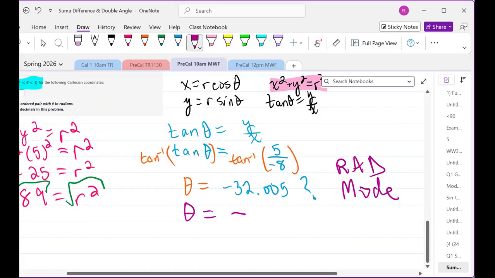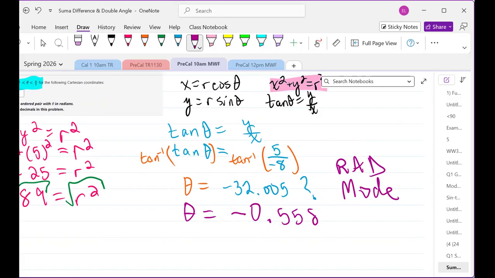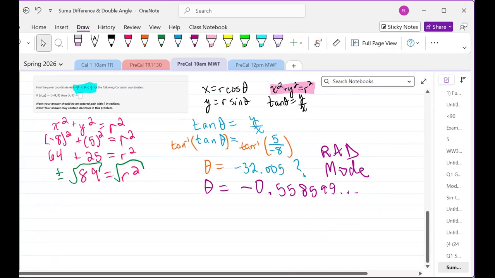In radians mode, this number is 0.558599, and so on. So we got a negative angle. So it's about -32 degrees.